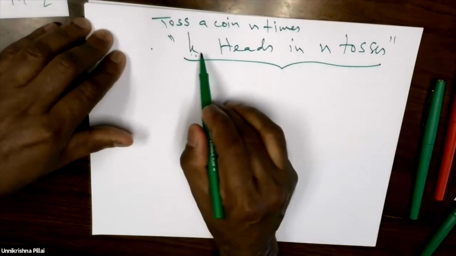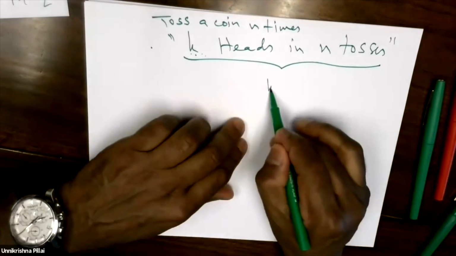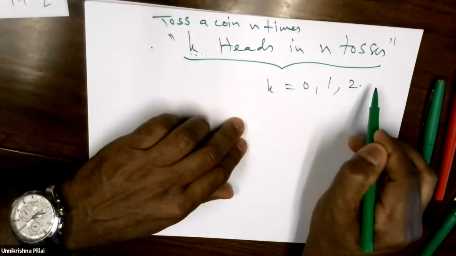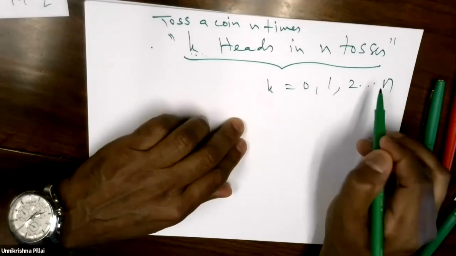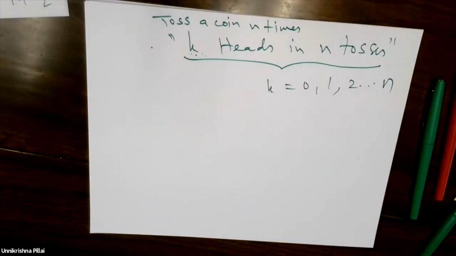Of course, this k could be 0, 1, 2, 3, etc., up to n. So k is going to be an unknown, which we will not know unless the experiment is completed.